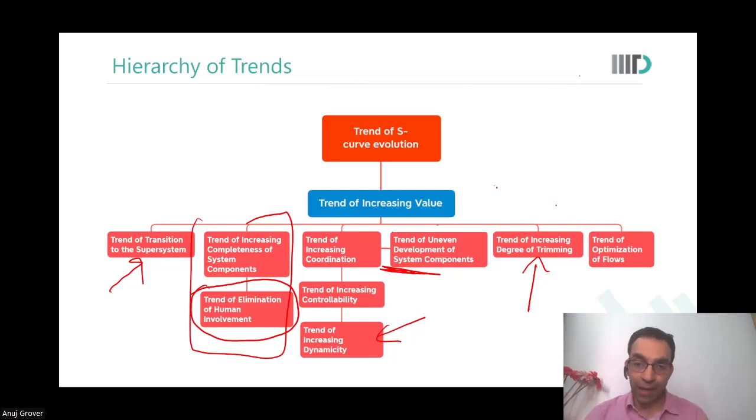So different parts of my engineering system are evolving at different paces. But they are evolving so that they become more and more coordinated. The memory subsystem was added so that it can match up to the speed of the processor. So this is the trend of increasing coordination through the trend of uneven development of system components.